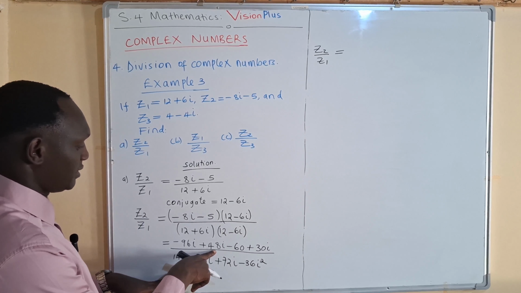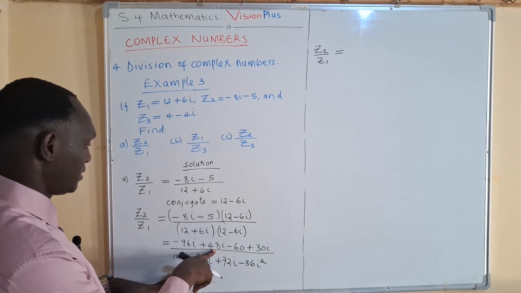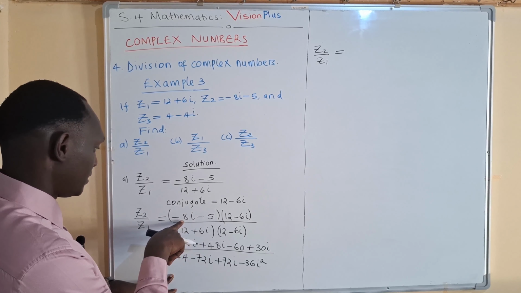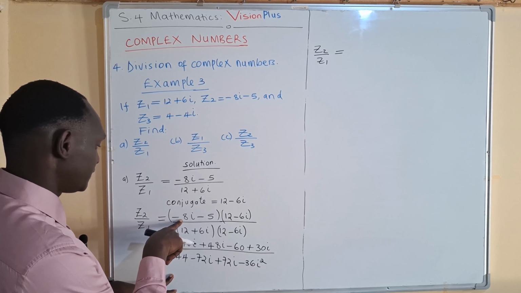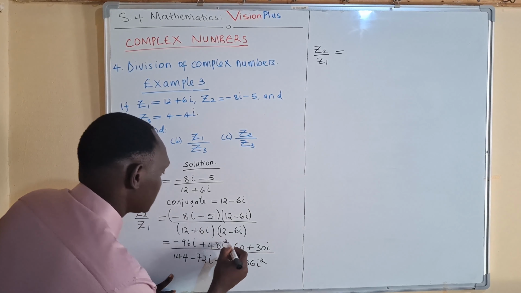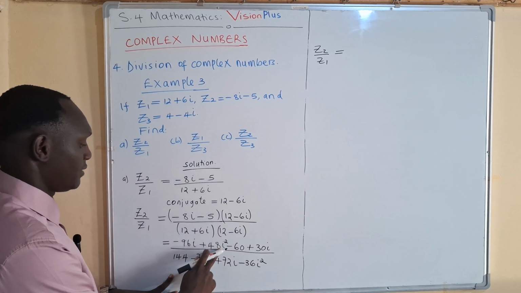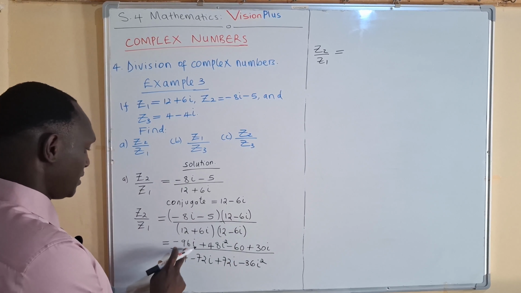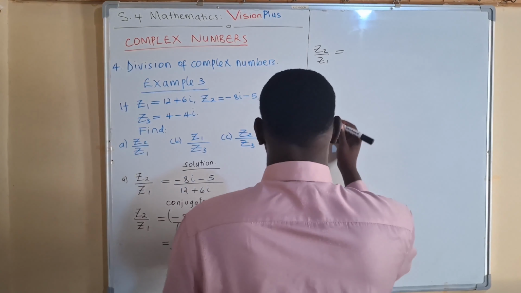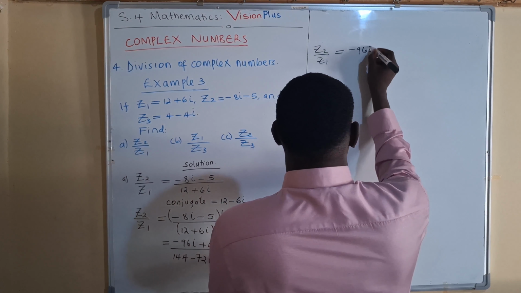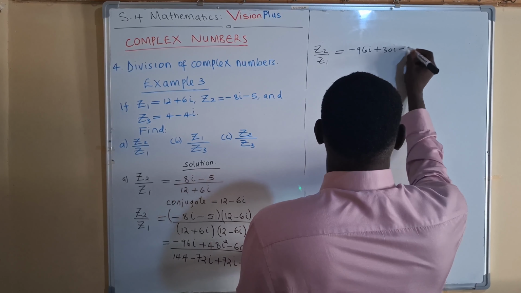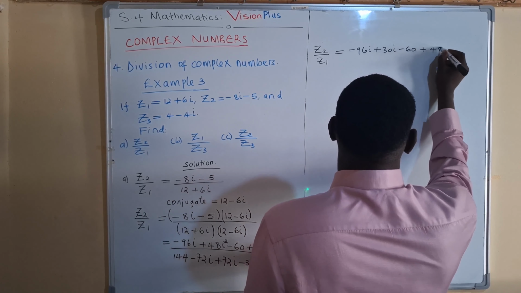Yes, this one should be squared, 48i squared. And then we proceed. So now the like terms become negative 96i plus 30i, minus 60 plus 48i squared.